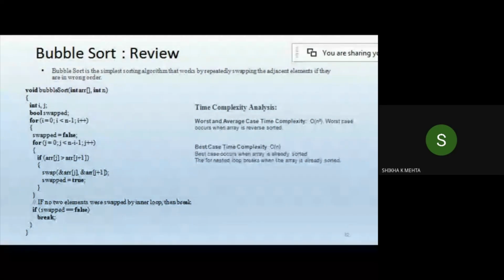When will it break? When swapped is equal to false. In what cases will the flag remain false? Ma'am, when the next element, to the right of the element, is greater than it.